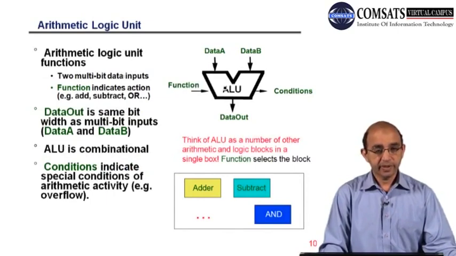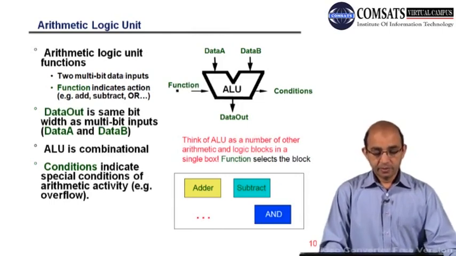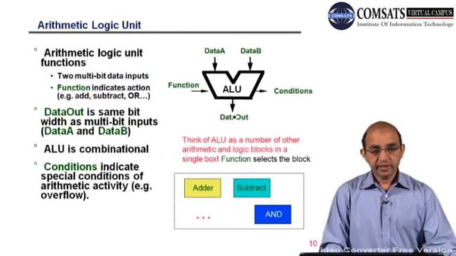ALU, arithmetic logic unit. We have input data A, this is input data B, and these are the functions and these are the conditions, and under those conditions the functions have to be processed. And this is the resultant, or you can say the data out.